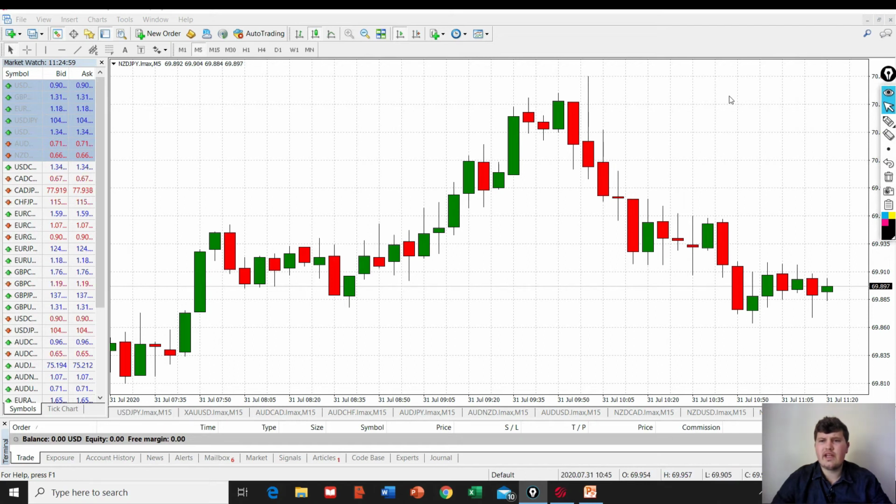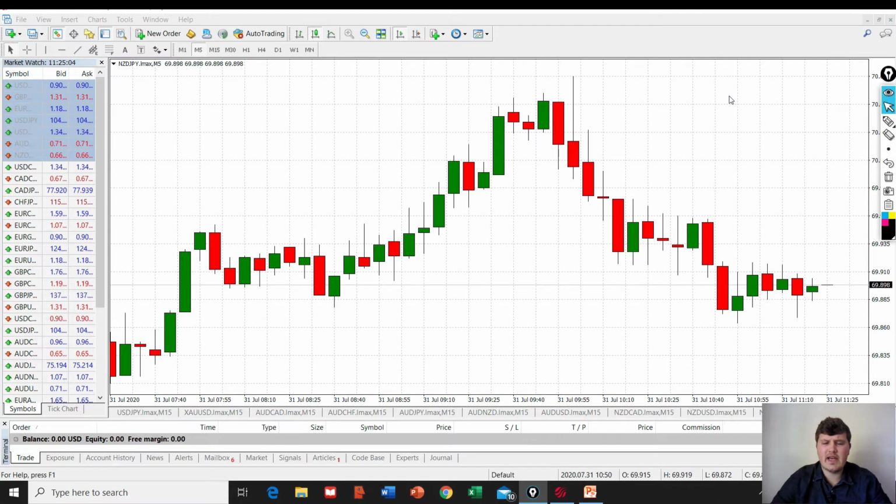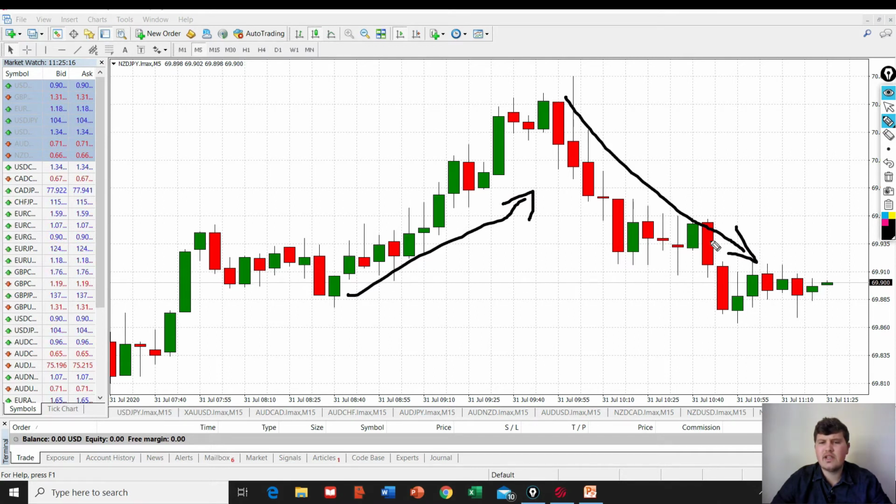but just know that price is continuously changing, and there's continuously a battle between the bulls and the bears. The bulls are the green candles, and they want price to increase, and then the bears, the red candles, they want a decrease in price.